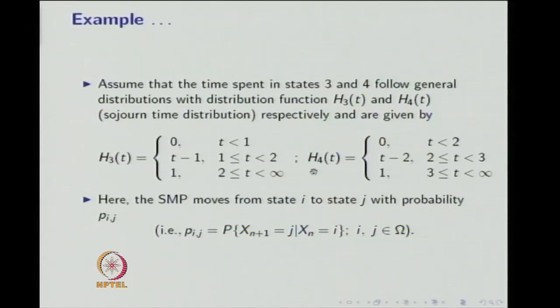The sojourn time in state 3 is uniformly distributed between 1 and 2, and the sojourn time in state 4 is uniformly distributed between 2 and 3. Therefore, the CDFs are in this form, H3 of t and H4 of t.